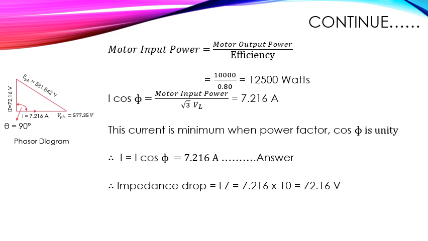That's why the impedance drop can be shown at 90 degrees to the voltage, and then the vector sum is EPH. Then we show the current, that is minimum current I, in phase with the voltage VPH. Now you see the induced EMF per phase, which is the resultant of phase voltage and impedance drop.